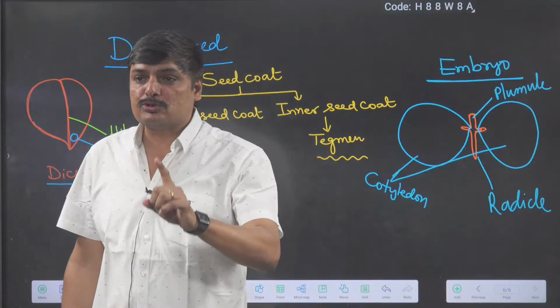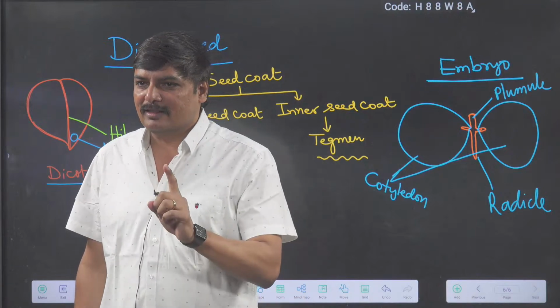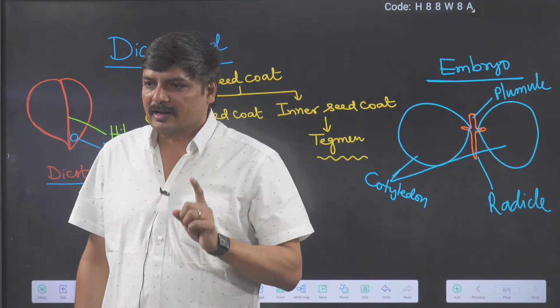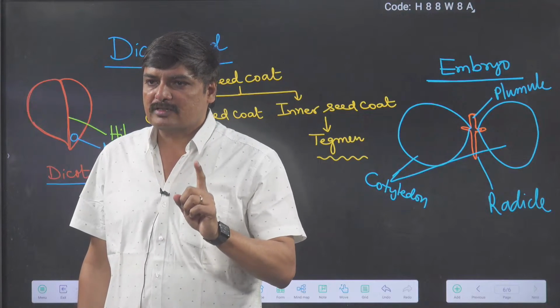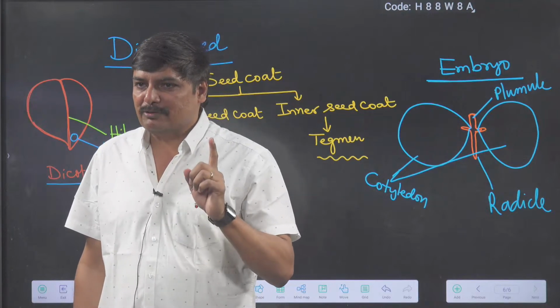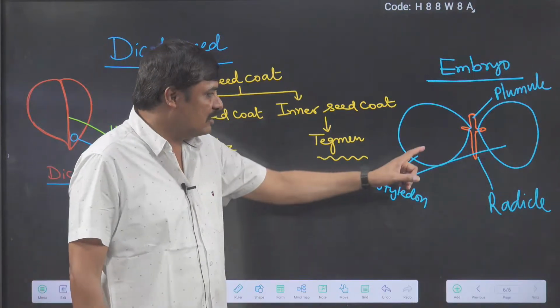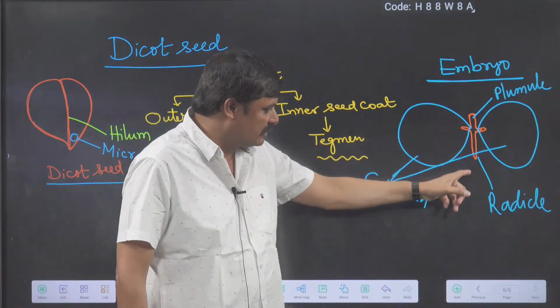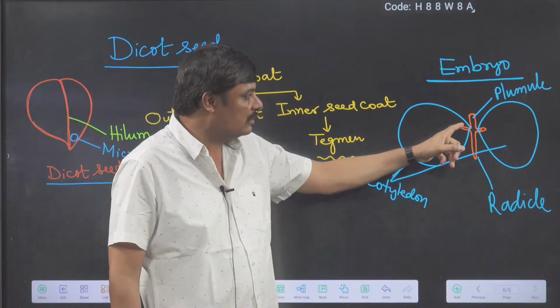Plumule gives rise to the shoot system. You know all these already. And this is called the embryonal axis.